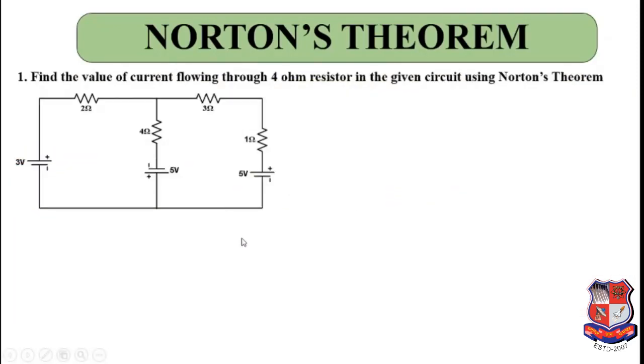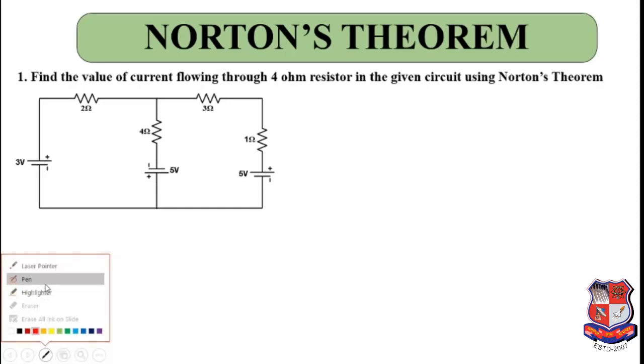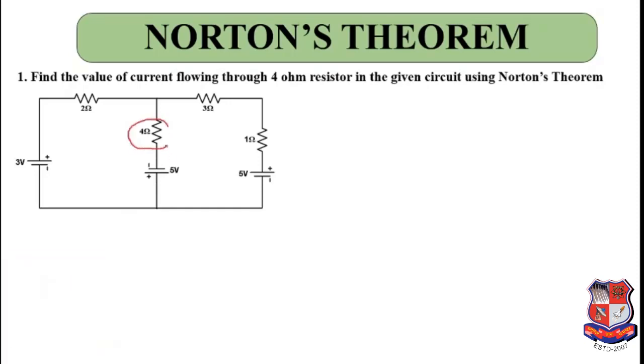So let us understand Norton's theorem with a simple example. Over here you have to find the current flowing through this 4 ohm resistor, and you have to solve this using Norton's theorem. It is simple.